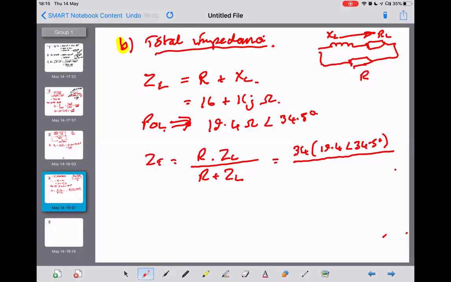All right, and then down the bottom, we're going to have 34 plus, because we're going to add them together. We're going to use the rectangular form on the bottom. Now we need to resolve the top. So we've got to do 34 times 19.4.